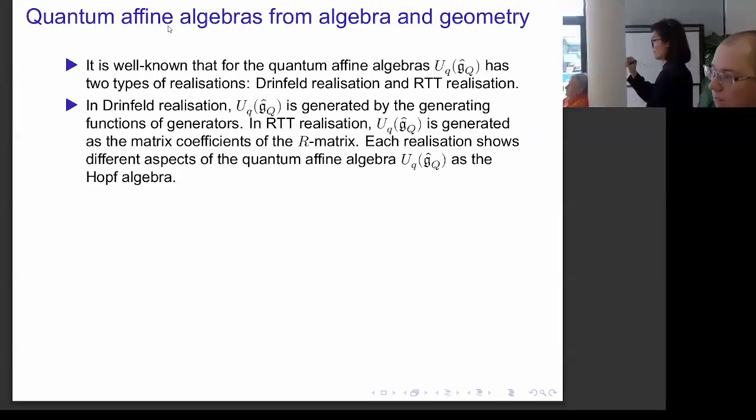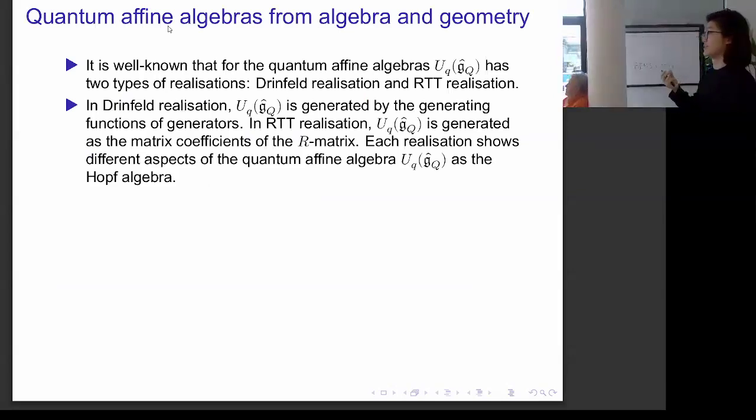For example, you have the positive root vectors and the negative root vectors. But in the RTT realization, the quantum group is generated as the matrix coefficients of the R matrix. For example, in the typical example of the Yangian of GLN, you can think about this algebra as being generated by the matrix coefficients of the standard R matrix.